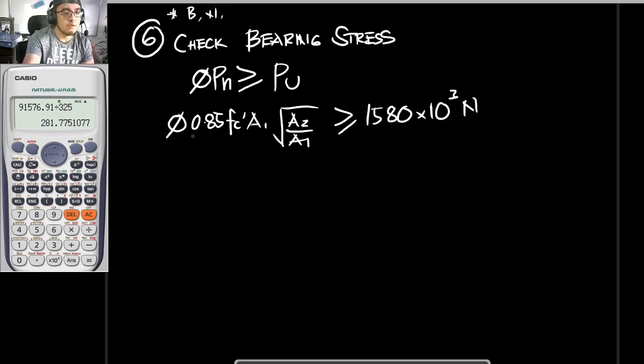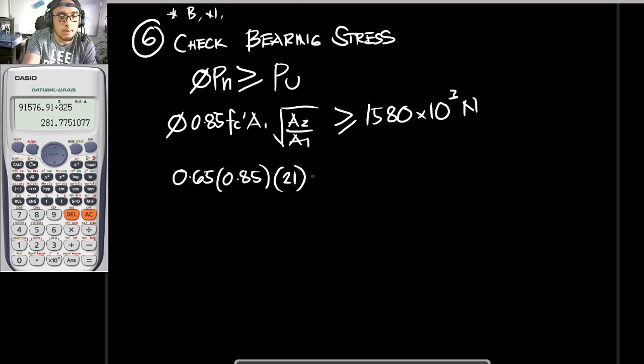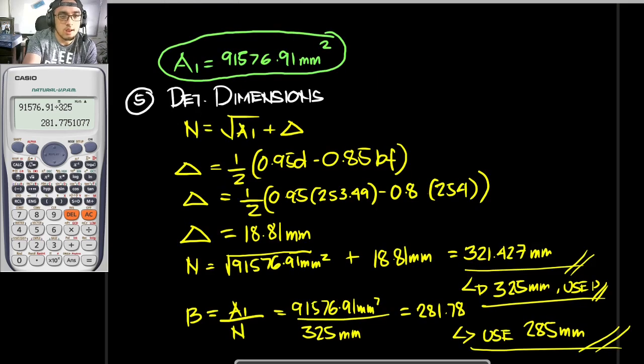Solving for this, 0.65 times 0.85 times fc prime, and our fc prime once again is 21 megapascal, and our area 1 is isolve pala muna natin. Area 1 is equal to base times depth, so B times N, and our B and N respectively would be 325 and 285.